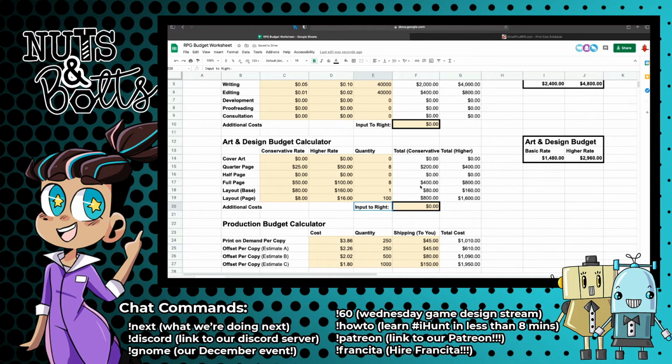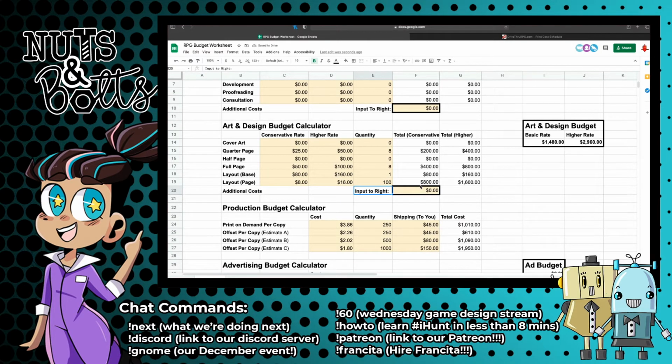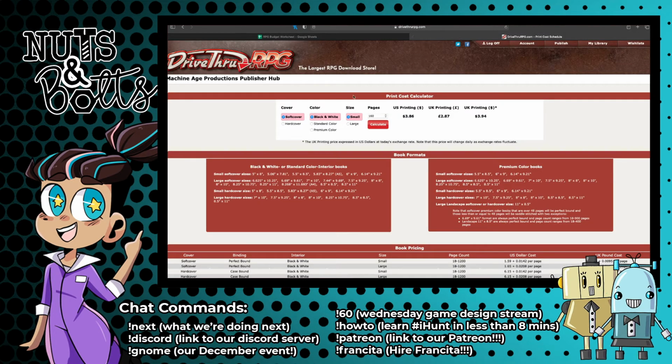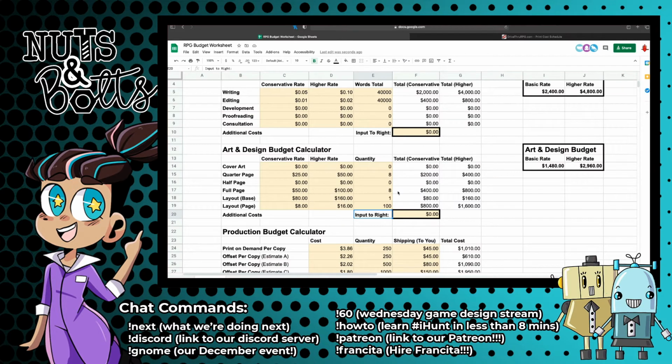So we have 112 pages, and we've got the print cost schedule, so it's 112 in here, and that's going to be $3.18.